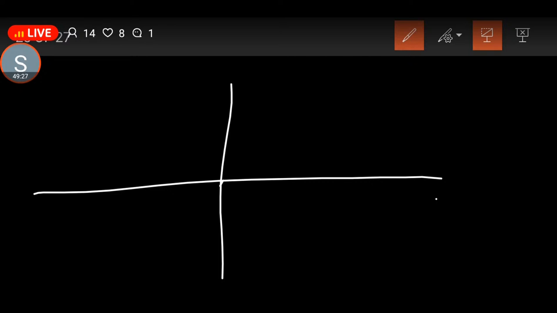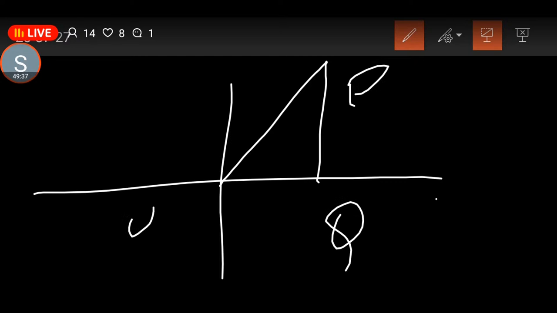If we take a triangle like this, let's call this P, this Q and this O. This P will be x comma y.